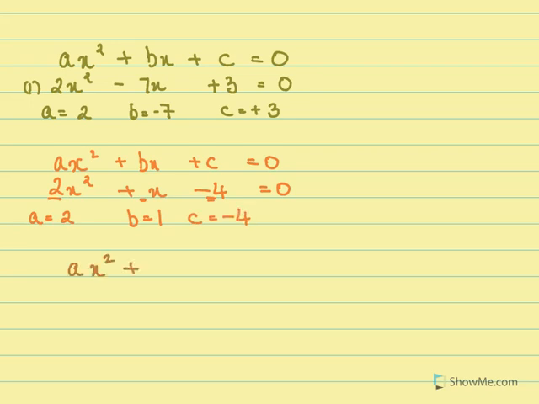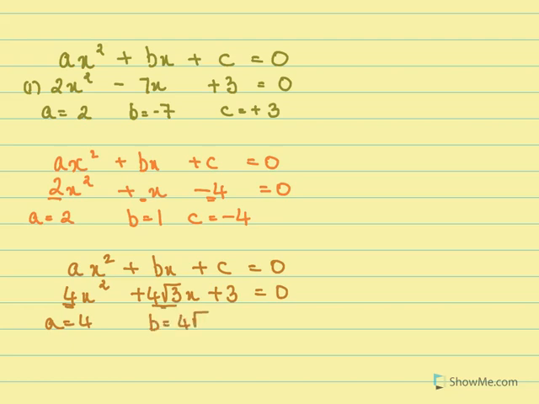For the next one, this is my general quadratic equation, and here I have 4x square plus 4 under root 3x plus 3 equal to 0. Now in this case, this is my a, this is the b, 4 root 3, and this is c.